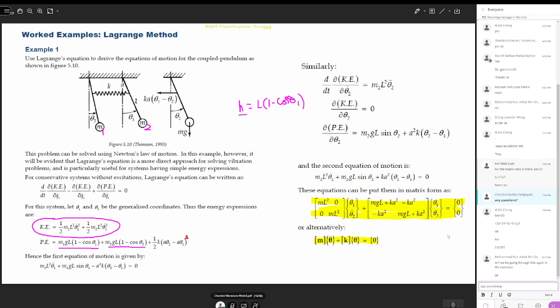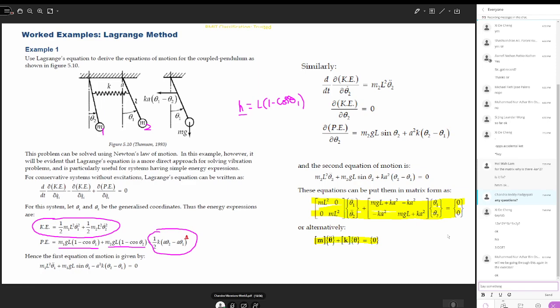Here, for the spring, the displacement x is a theta 2 minus a theta 1, so the energy is half k x square with this x squared. So this is the potential energy in the system due to the weight of the masses and also due to the spring constant.